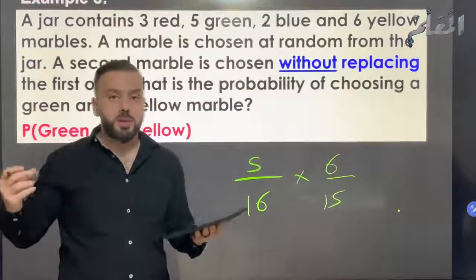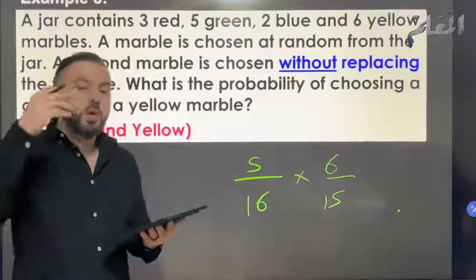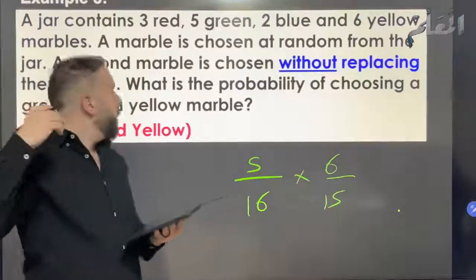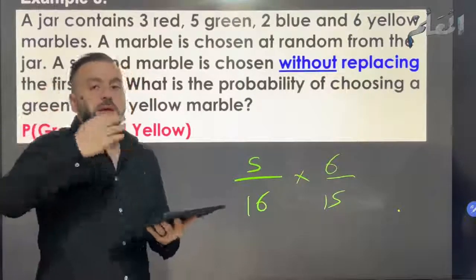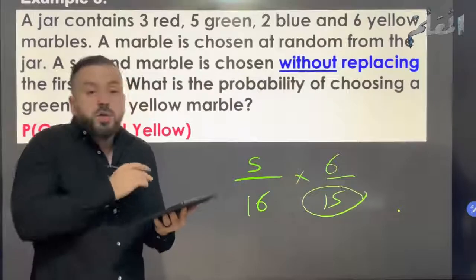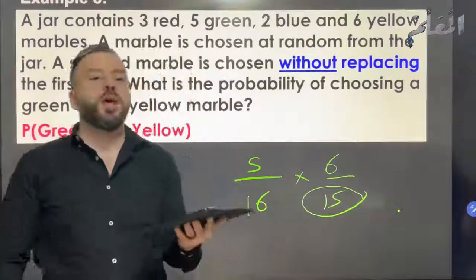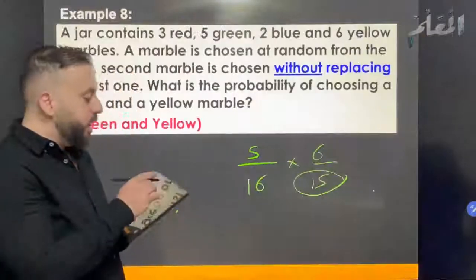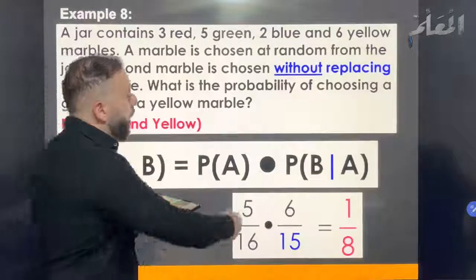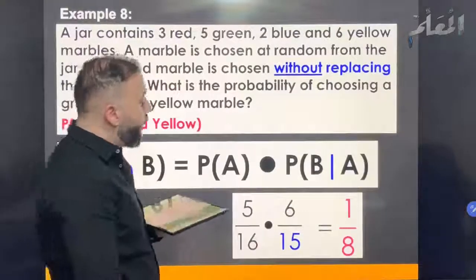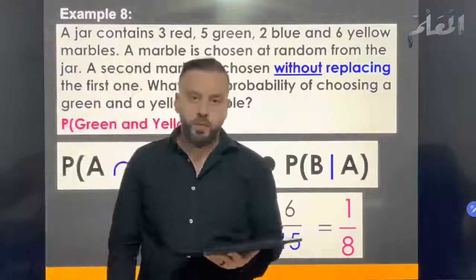Because without replacing, I cannot return the green one that I took at the beginning. So my denominator, instead of 16 marbles, is now 15 marbles. And at the end, this is my solution. Check this: 5 over 16 times 6 over 15, which is equal to 1 over 8. And that's the end of the questions.